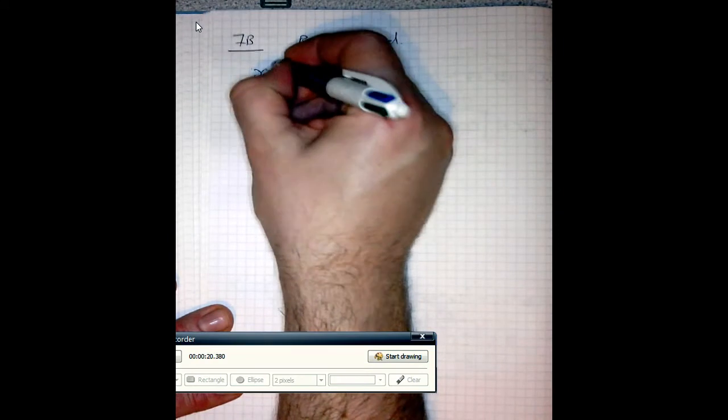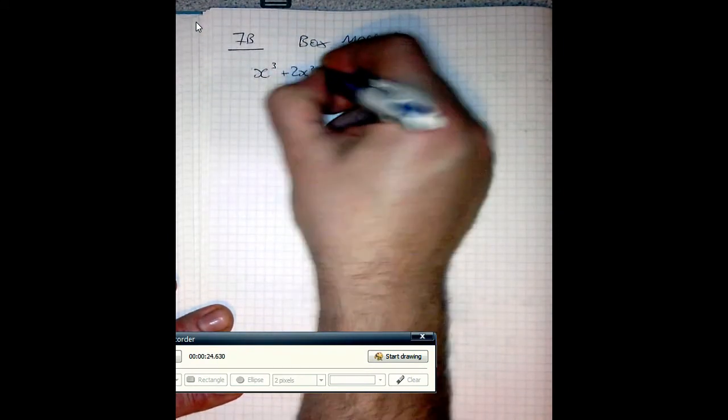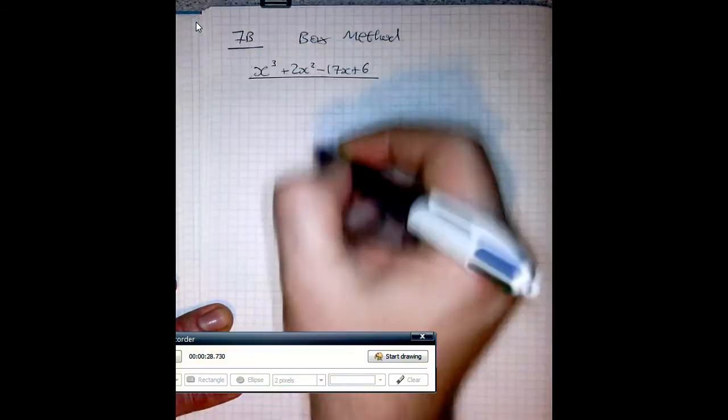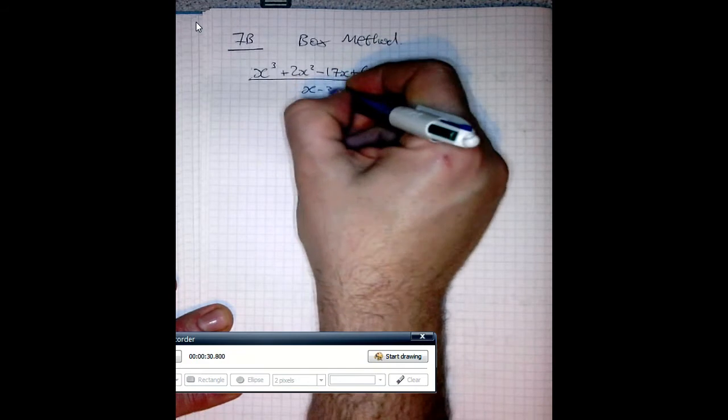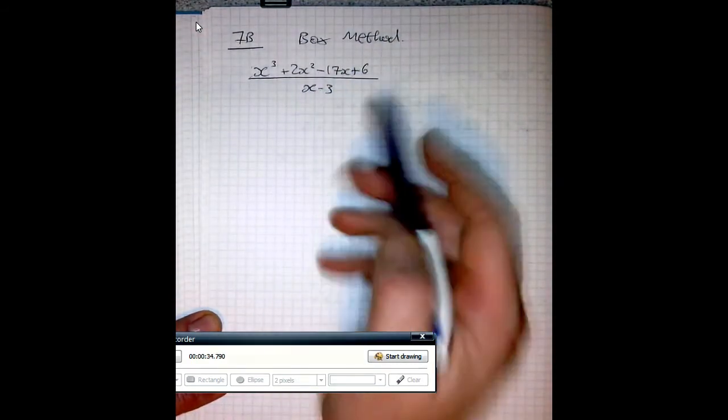So, example 2 was x cubed plus 2x squared minus 17x plus 6 divided by x minus 3. Well, I can see that I've got a cubic divided by a linear, so I'm going to end up with a quadratic.